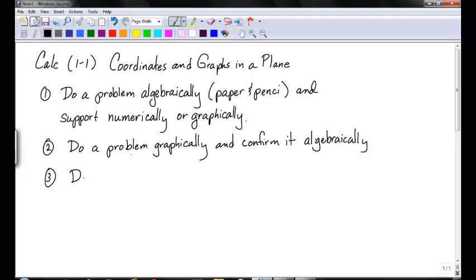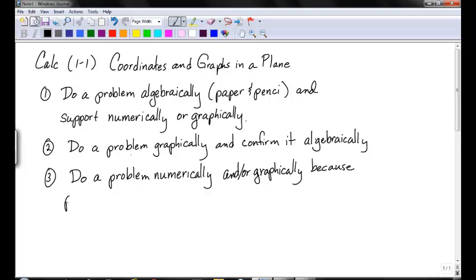So that's do a problem numerically and/or graphically, because paper and pencil methods are impractical or impossible.